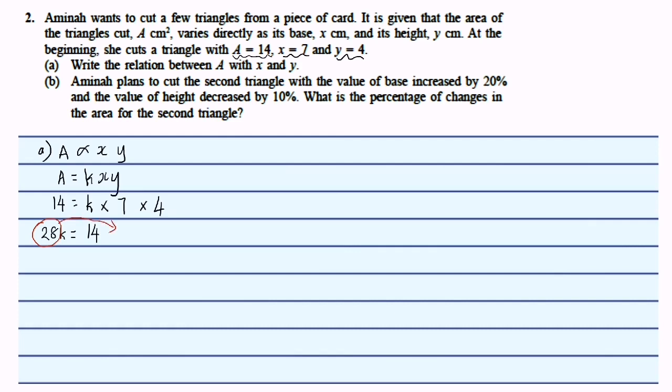Okay, opposite of multiply is divide. So K equals 14 divided by 28. K equals 0.5. So the complete equation is A equals 0.5 SY.